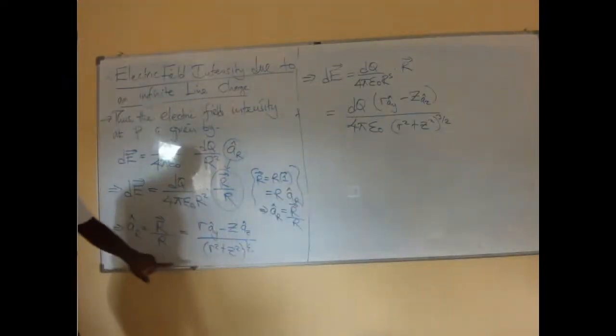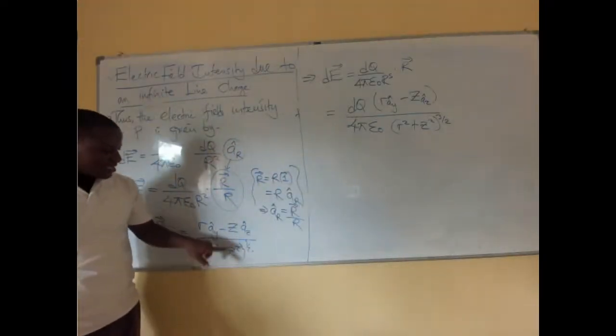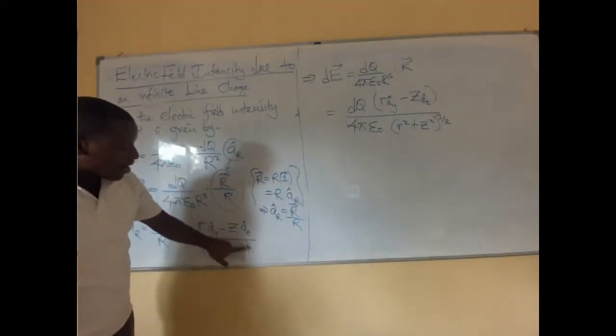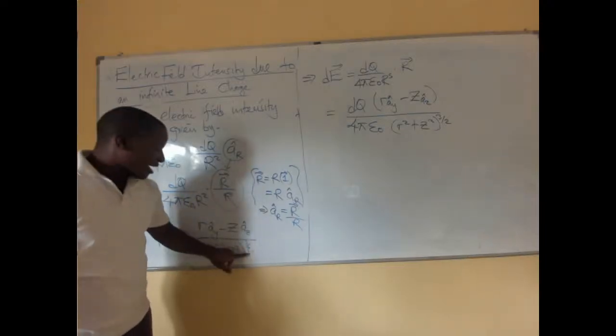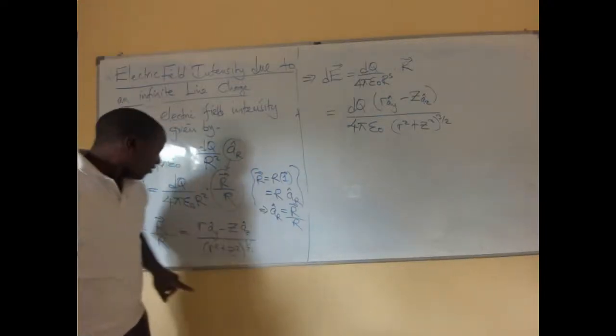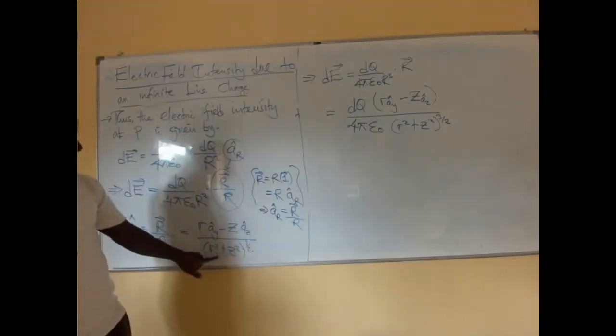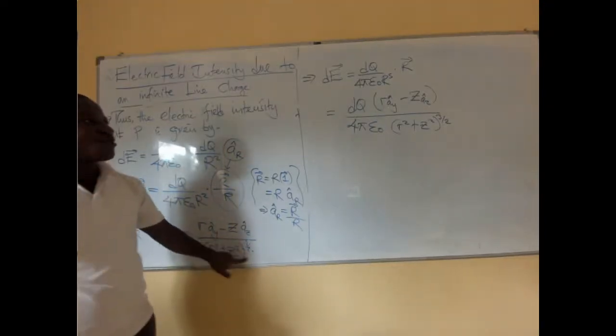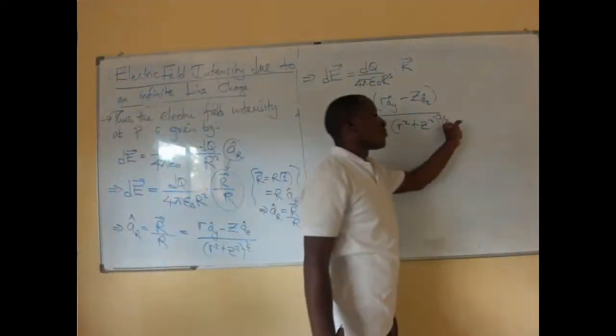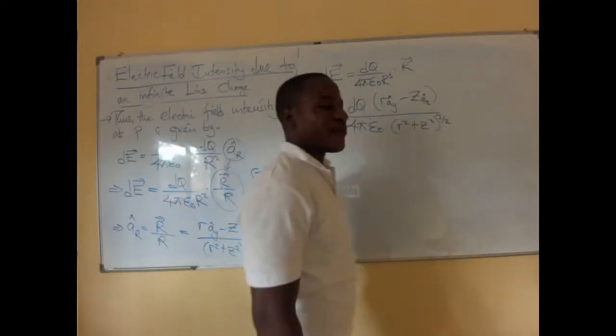Remember, R is (r squared plus z squared) to the power half. So if we multiply this by R squared, or say R to the power 3, this will be (r squared plus z squared) to the power 3 over 2. That is the reason why 3 over 2 is here.